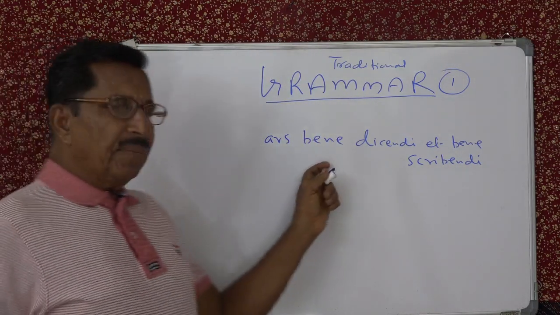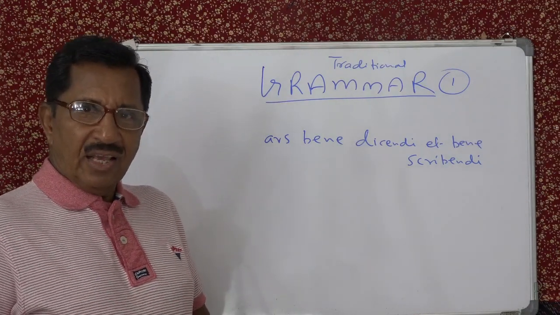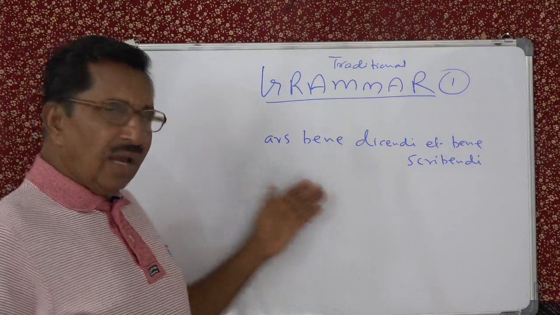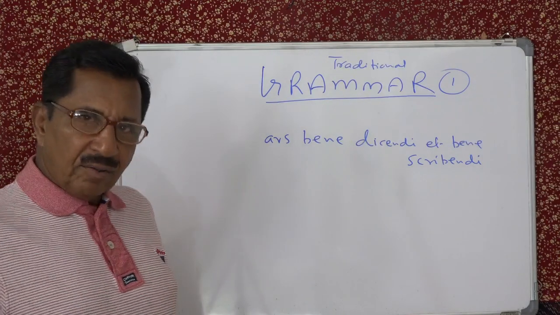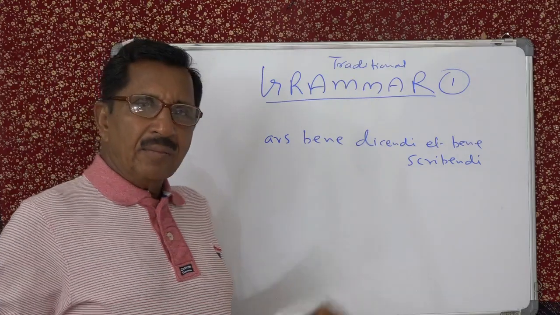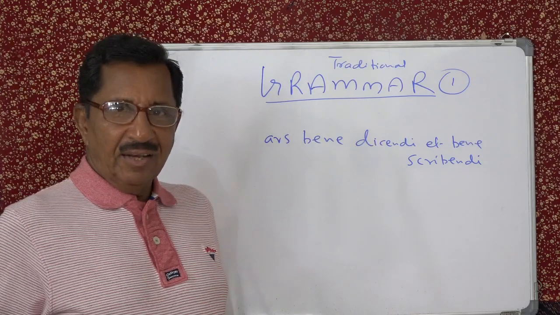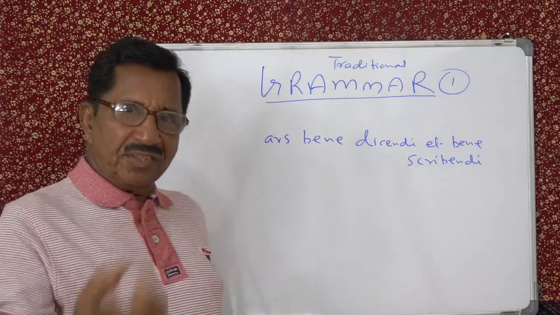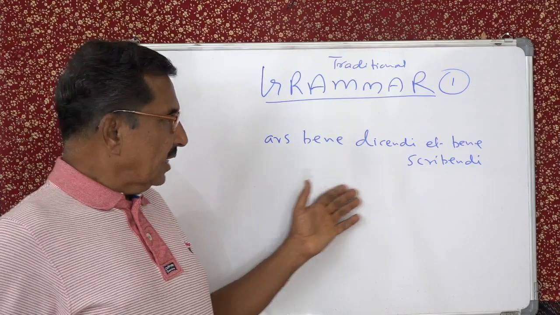Bene means good: beneficent, benevolence. Ars means art: Ars Poetica, Horace, the art of poetry. So ars bene. Bene means well. See, benefit, beneficent, beneficiary, benevolent. So this means good.